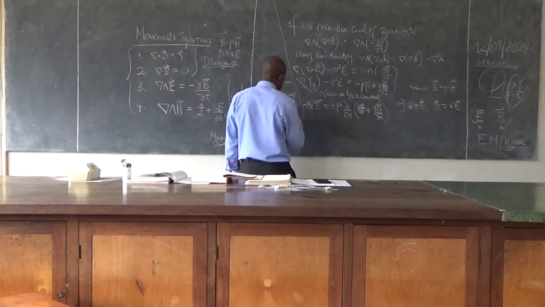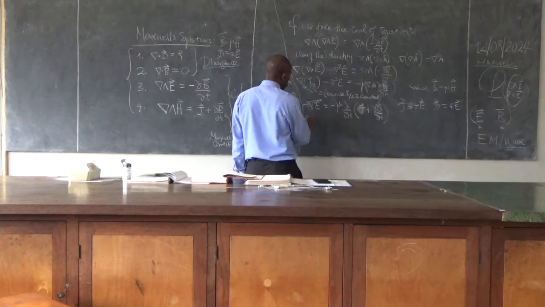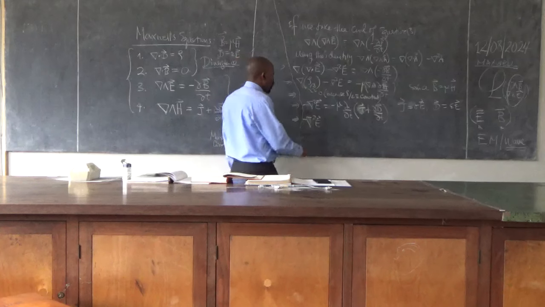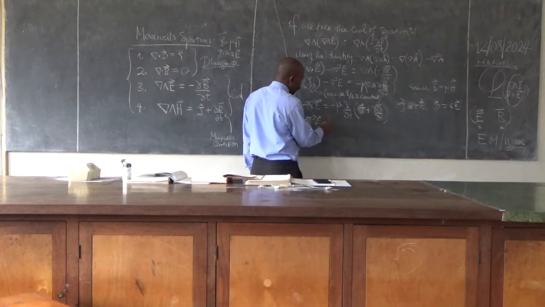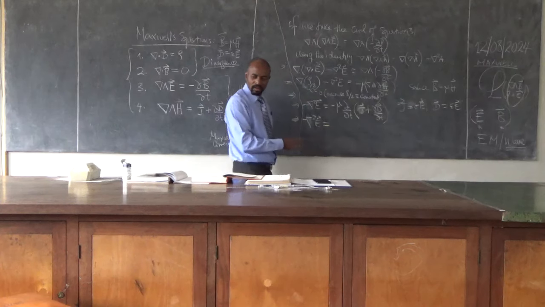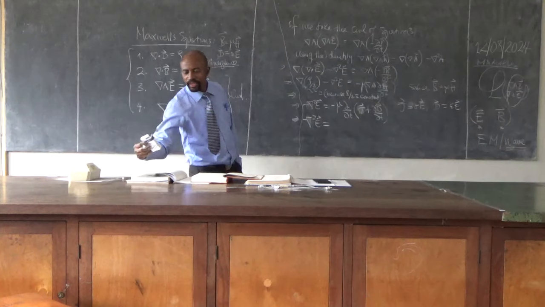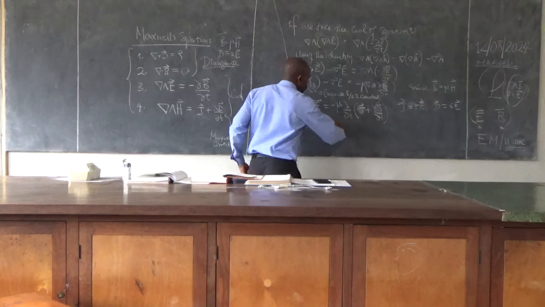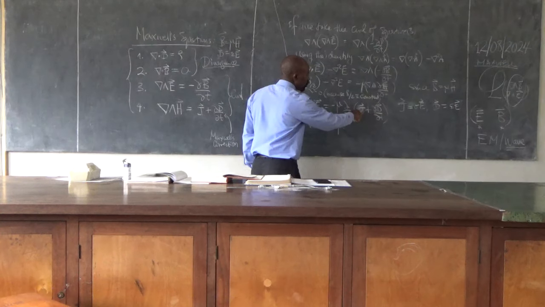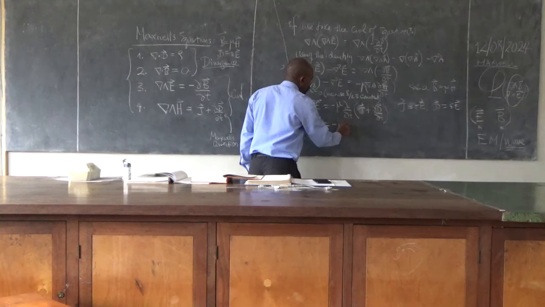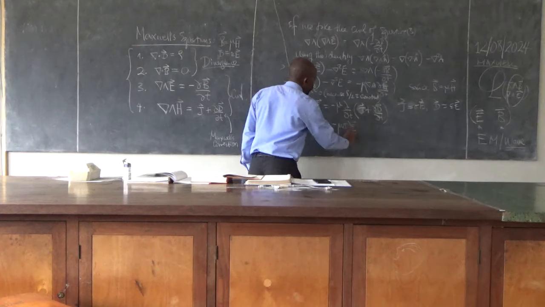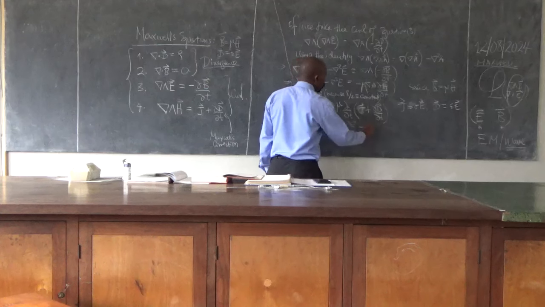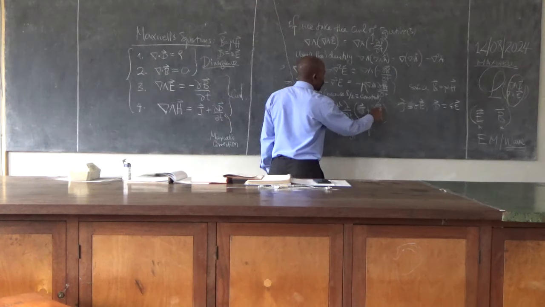So that means that we will have minus grad squared E equal to minus mu sigma partial E by partial t, then minus mu epsilon partial squared E by partial t squared, since this mu combines with the epsilon here.